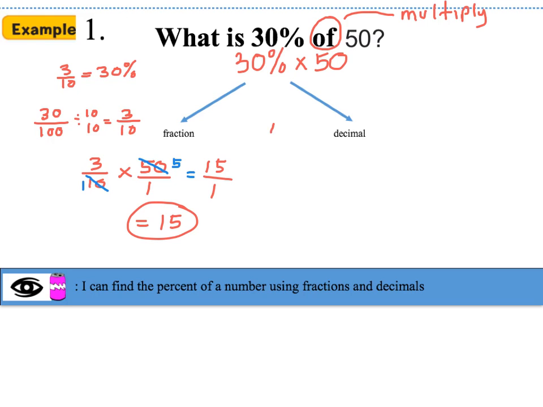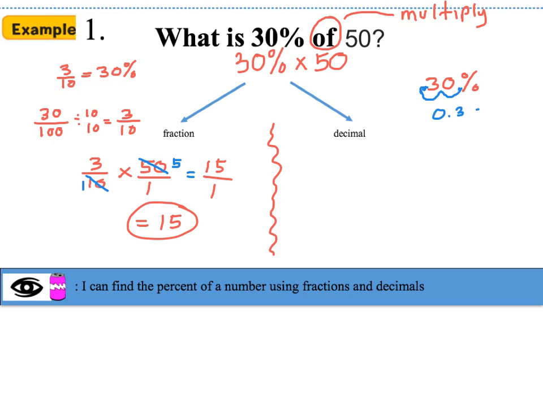Let's solve this problem a second way using decimals. I can make 30% look like a decimal by taking the decimal, which is behind the 30, and moving it 2 spaces over to the left. Remember, the reason I'm moving it to the left is because my number is getting smaller. When you divide by 100, your number gets smaller. So my decimal is 3/10.